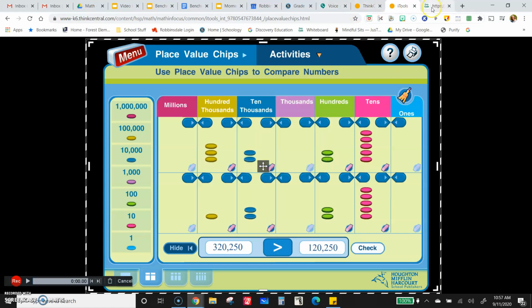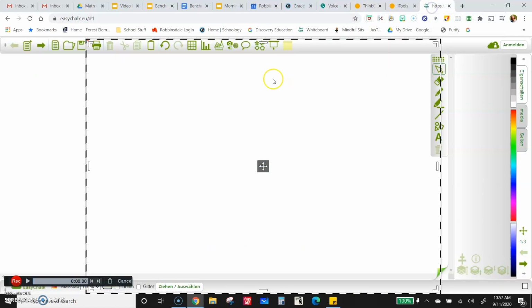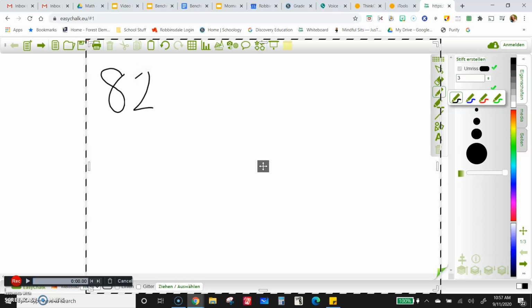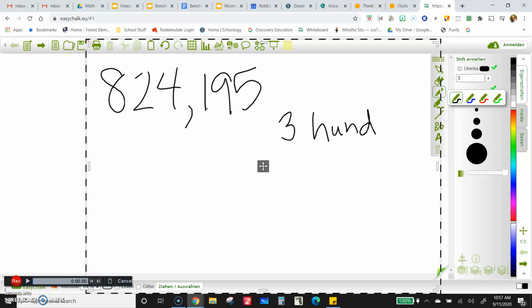Now I want to think about if we were going to add or subtract some numbers. So say I started with the number 824,195. And I wanted to think, okay, what's 300,000 less? I'm going to abbreviate that, less.